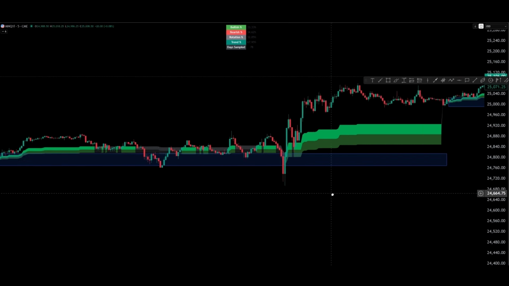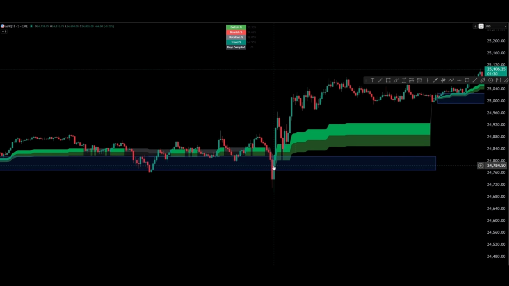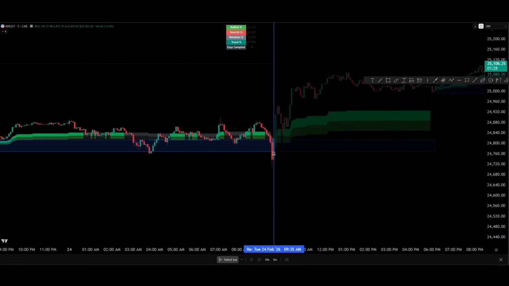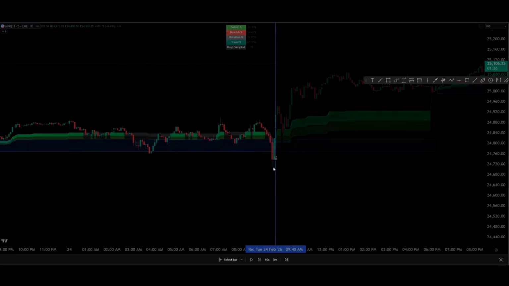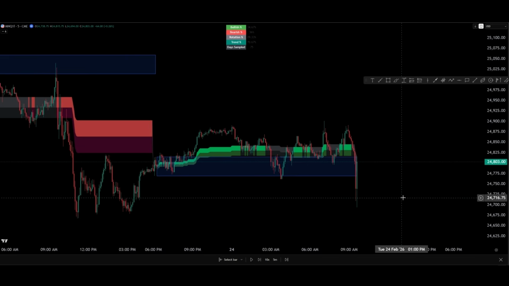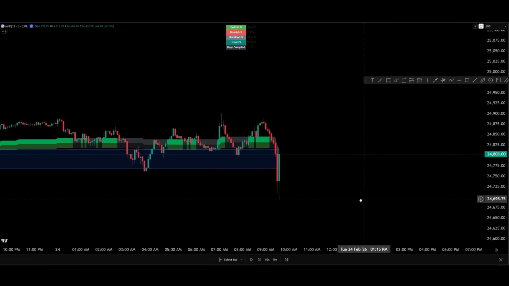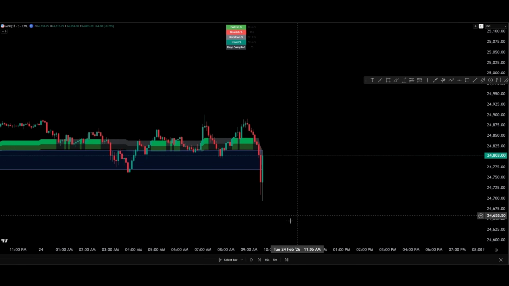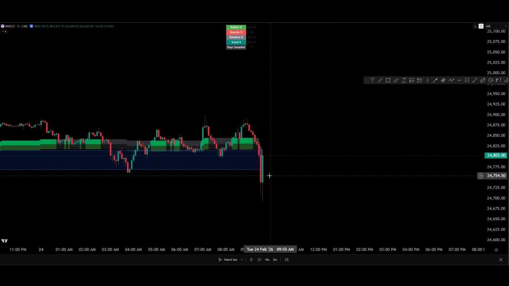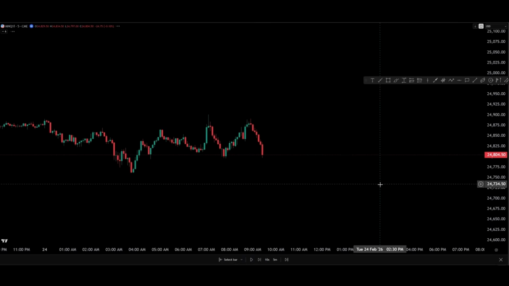Here's trend continuation. If you're looking at this one, this is where people get wrecked trading supply and demand, ICT, whatever. We push up. Here's 9:30 right here. Well, the zone didn't follow, so I'm not shorting, right?